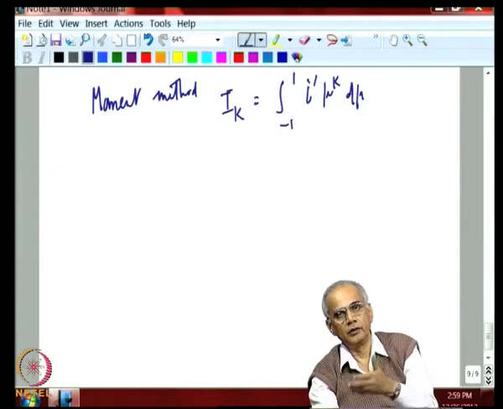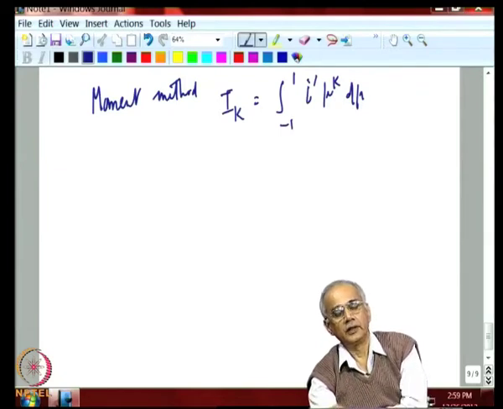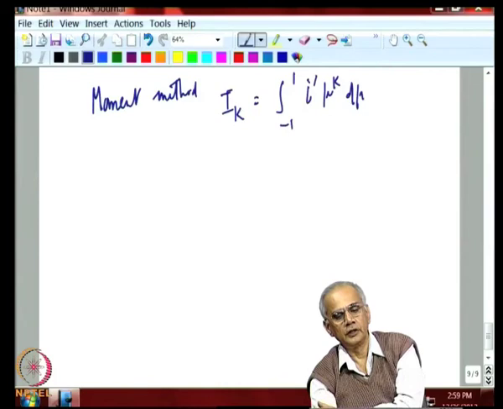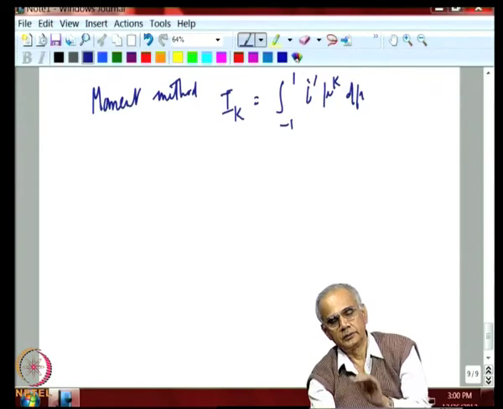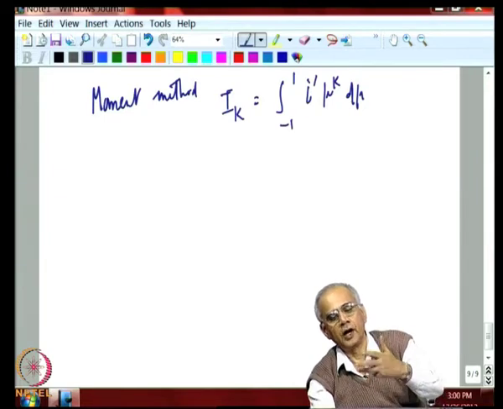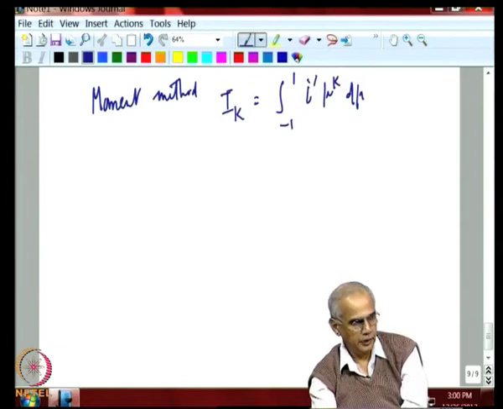When k is 1, you have the flux. When k is 2, one can show is related to radiation pressure and so on. So, the moment method is an elegant way to approach the same problem of angular variation, but now we have an approach by which you can go for higher moments to get more and more equations.